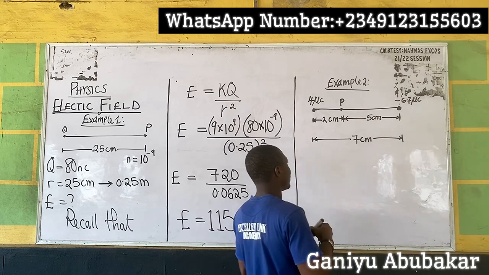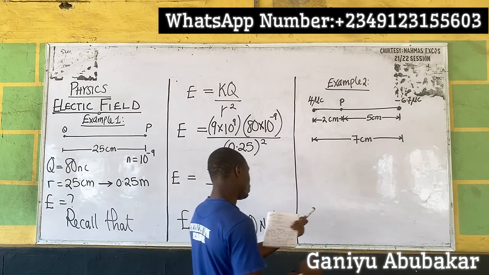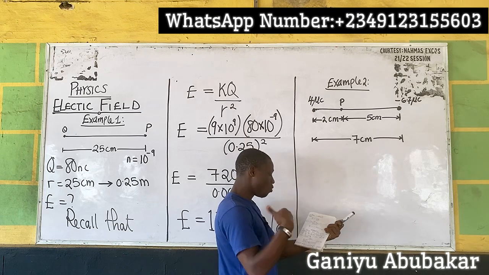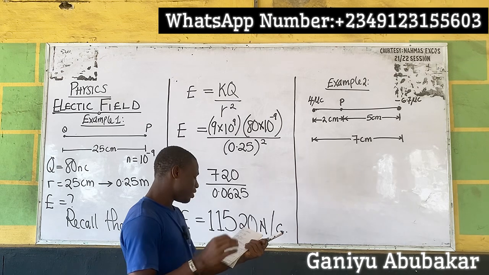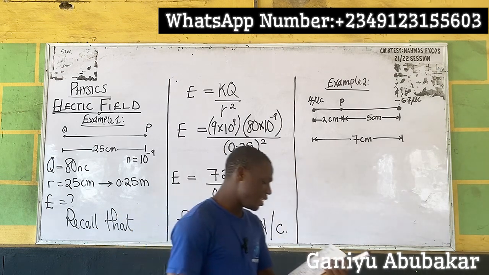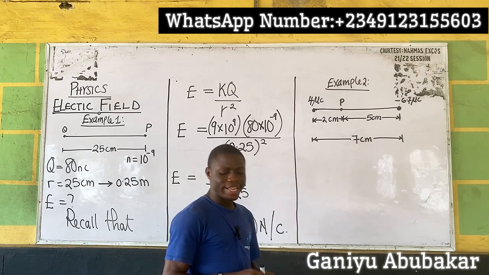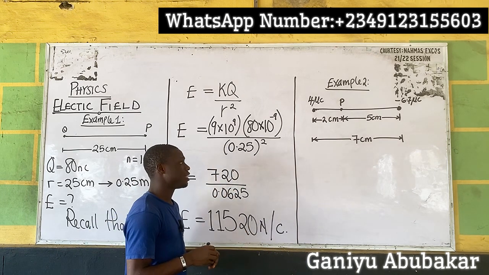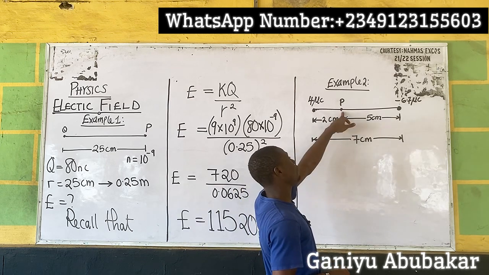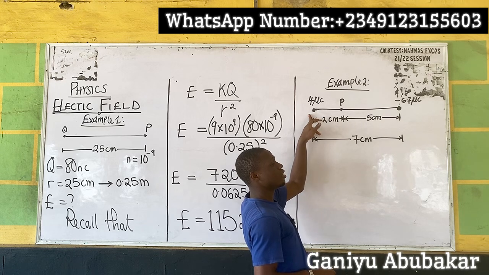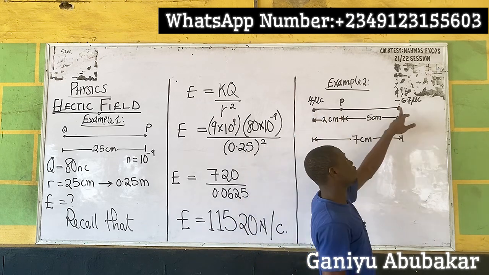So what is the electric field at point P, which is 2 centimeters from the 4 microcoulomb charge? I'm asked to find the electric field intensity at point P. It means I'm going to compare point P with the first charge, and add the value from point P with the second charge.